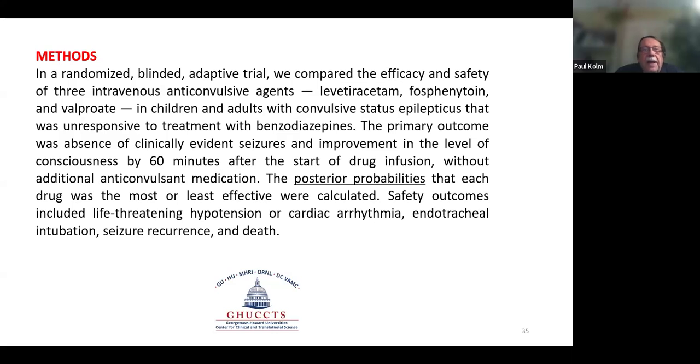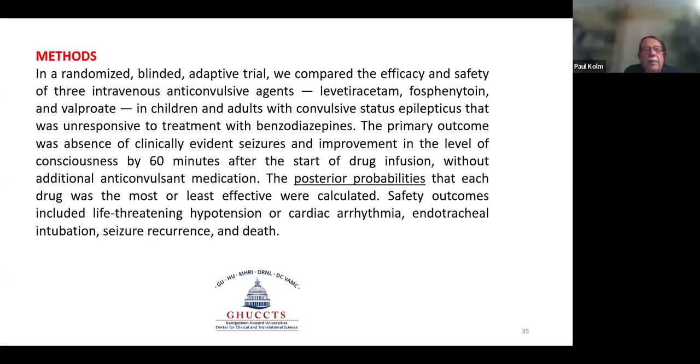It's blinded. Adaptive means that we're going to recalculate the sample size needed as we go along. We're also going to develop stopping rules. That means that we can stop the trial if we have evidence that the treatment works, or we can stop it if the treatments don't work.